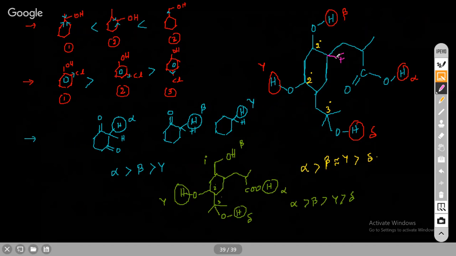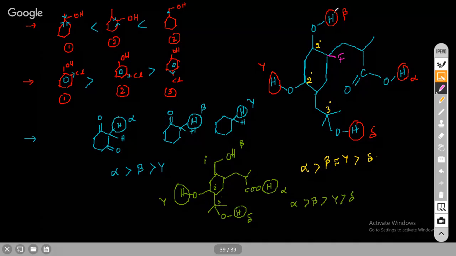And if I add fluorine here, because of the minus I nature of this group, and this group is closer to this hydroxy group, then beta will be more acidic than gamma. So in that case, the order will be: alpha maximum, then beta, then gamma, and then delta. Is it clear? So with this fluorine, the answer will be this. If you remove fluorine, the answer will be this. And for this one, the answer is this. Understood this?